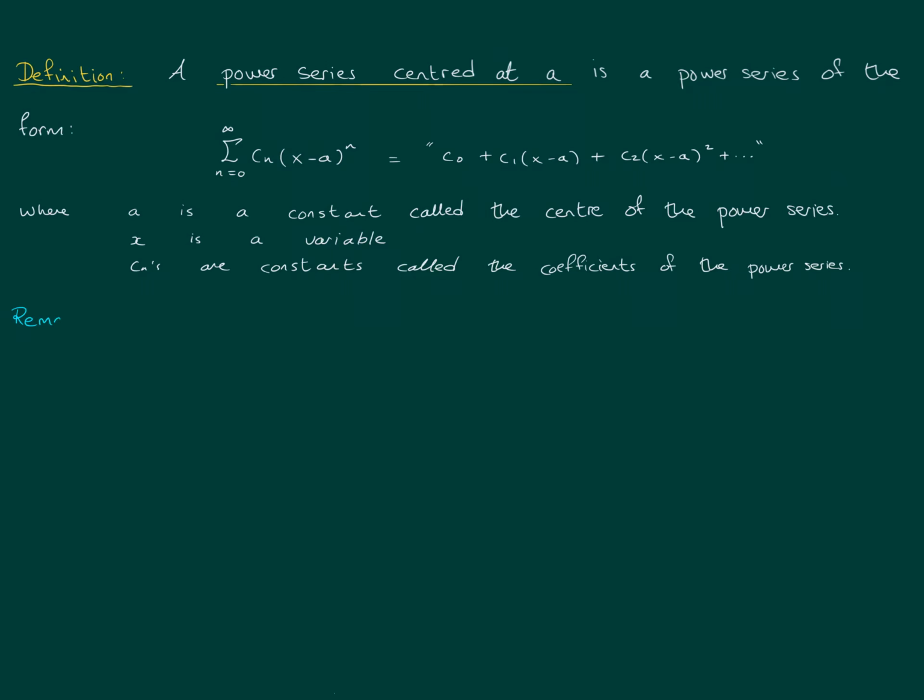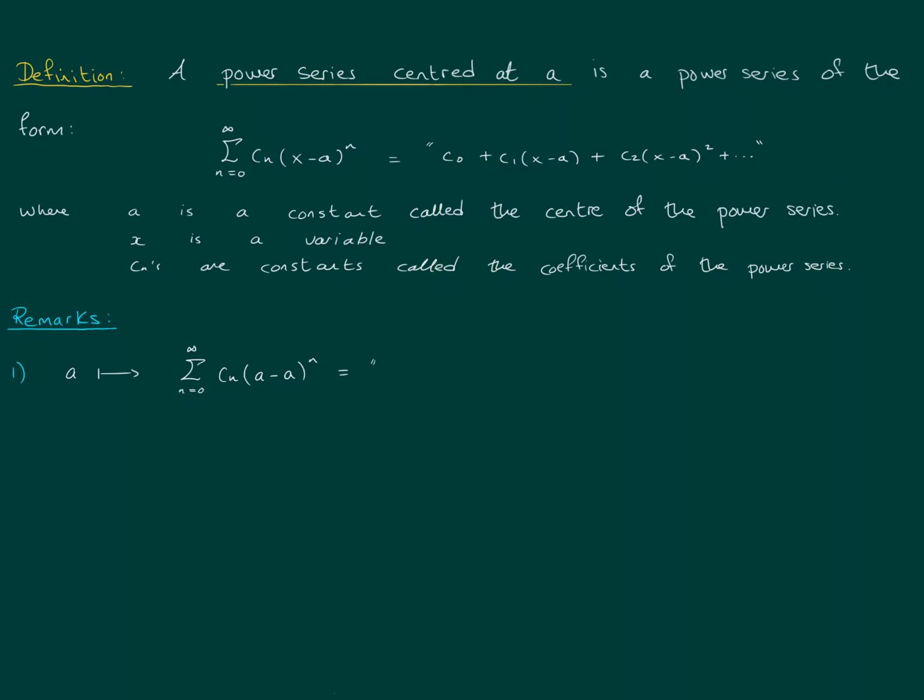Okay, so remark one. If we think about this as a function, which we've done before, in exactly the same way, if we plug in A for x, what do we get? We get Cn (A minus A) to the n.